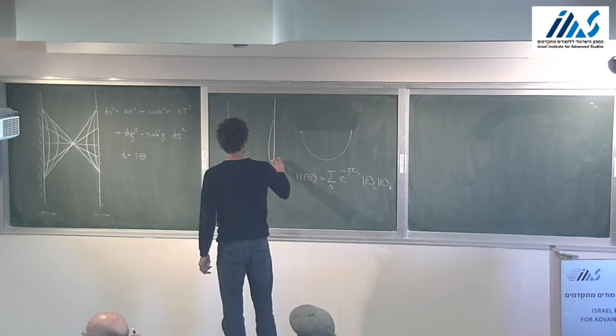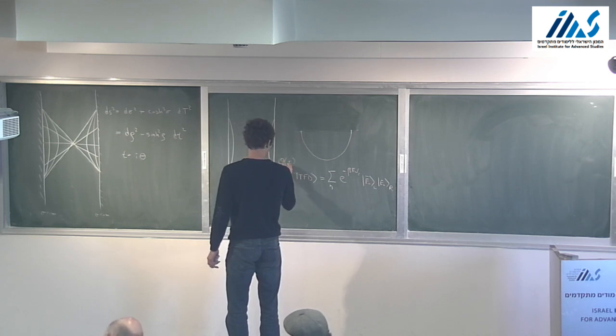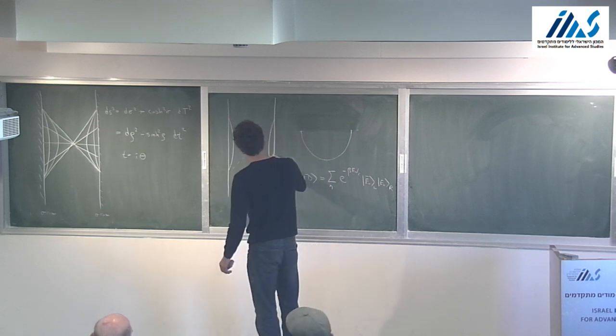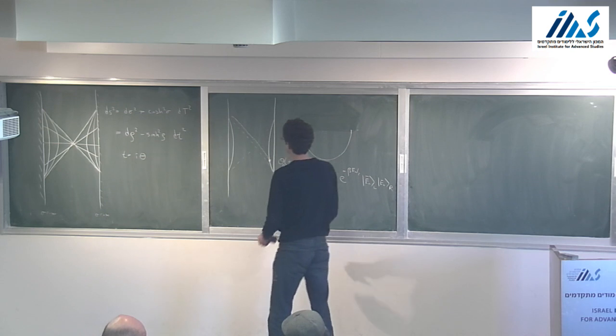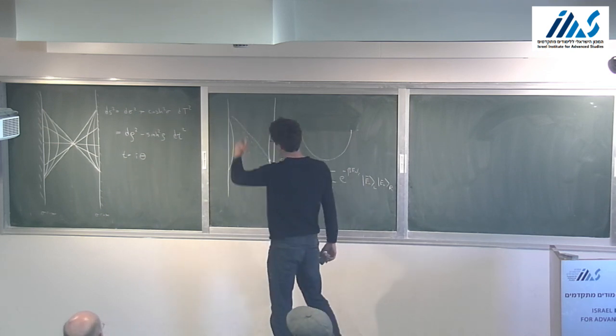In the JT gravity version, that would be like acting with some operator at this time on the right system, and it might create some perturbation that could propagate into the bulk. It can't propagate any faster than 45 degrees, but it could follow some trajectory sort of like this.